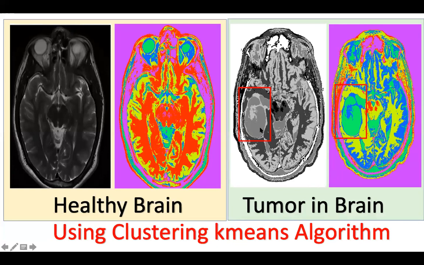We have used the cluster k-means algorithm to identify it. It's at a very basic level. If you still want to go into detail, there are multiple libraries available which can give more insight: the size of the cluster, size of the tumor, width of the tumor, and other parameters. But this is just an introductory understanding of how this cluster k-means algorithm can be used to identify a brain tumor. Thank you very much.